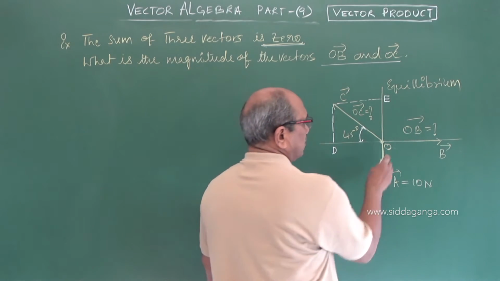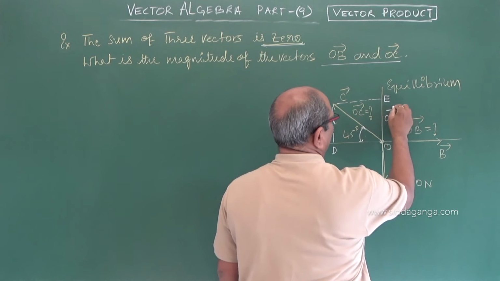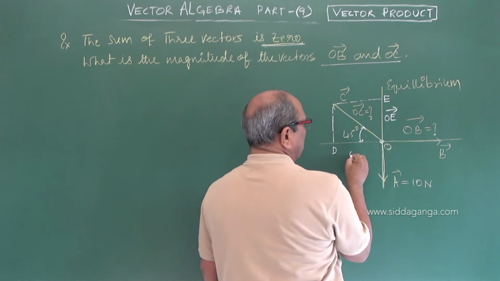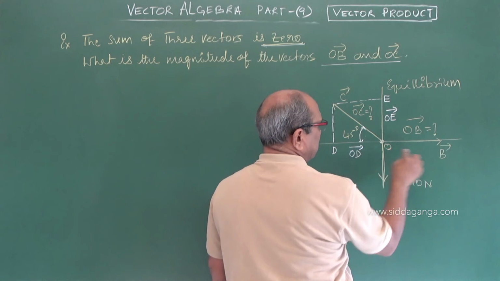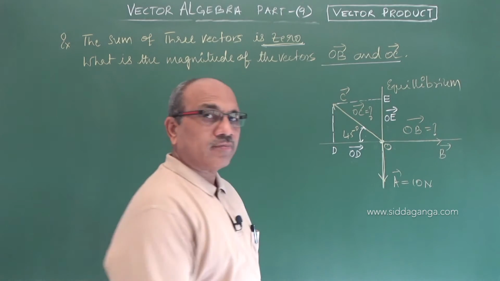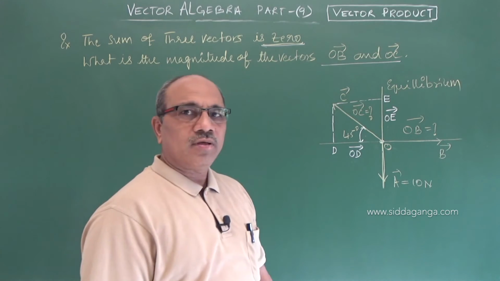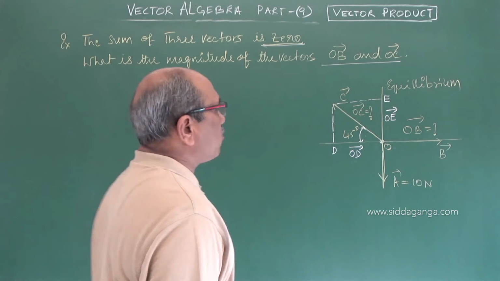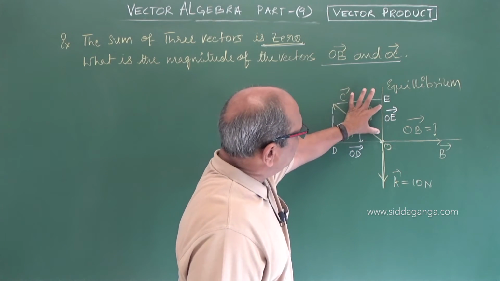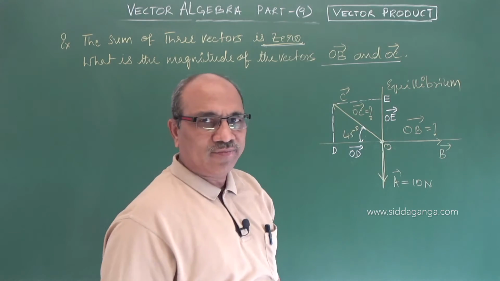That means if it is in equilibrium, OE must be equal and opposite to A and OD must be equal and opposite to OB. If we determine OD, we are determining OB. If you determine the component of OC along OE, we are able to find OC because OE is equal to 10 Newton.